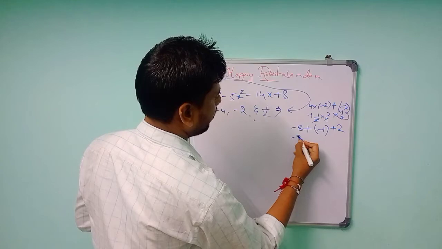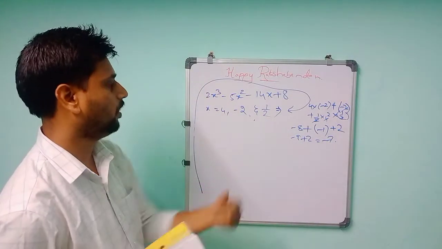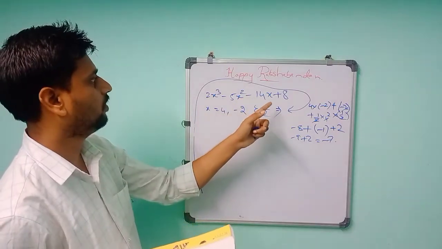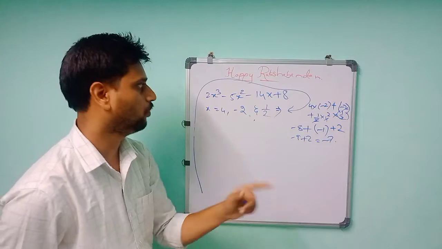Minus 8 minus 1 is minus 9, plus 2 is minus 1. The answer came minus 1 because the coefficient of x is minus 14 divided by 2, which is minus 7. So it is satisfying the condition.